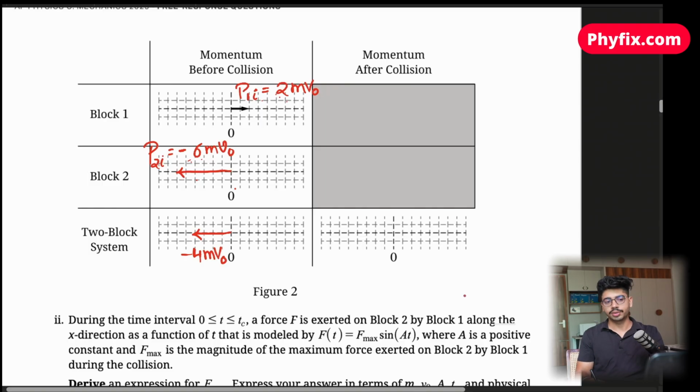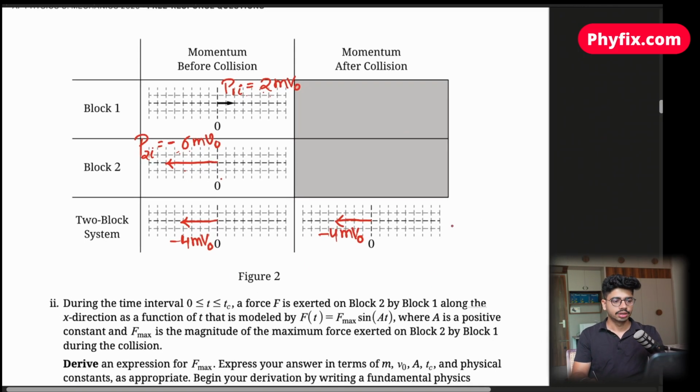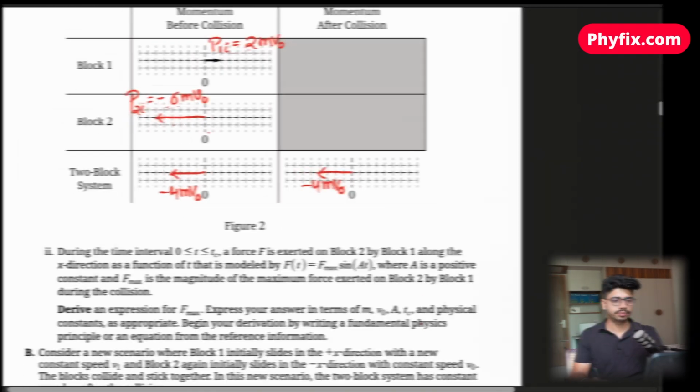And now because momentum is conserved, after the collision also I have to make the arrows like that. That should be clear to you. So this is the momentum conservation, simple.